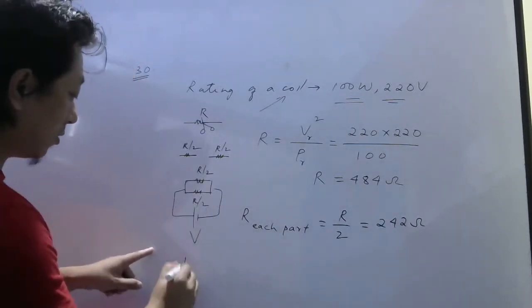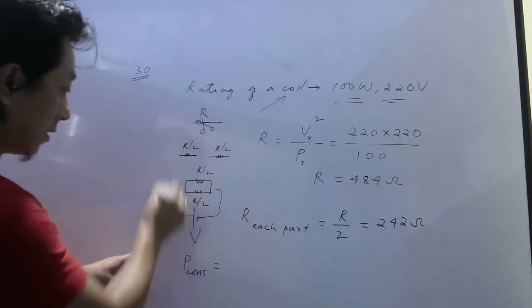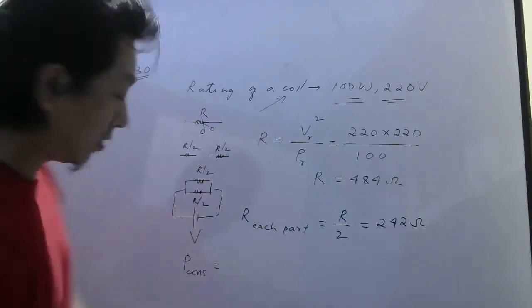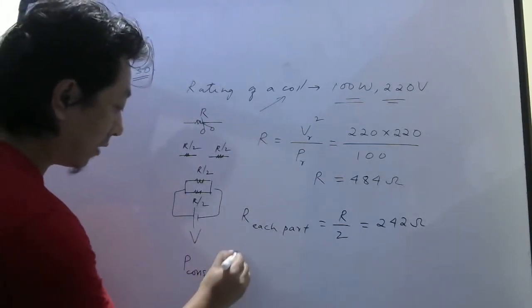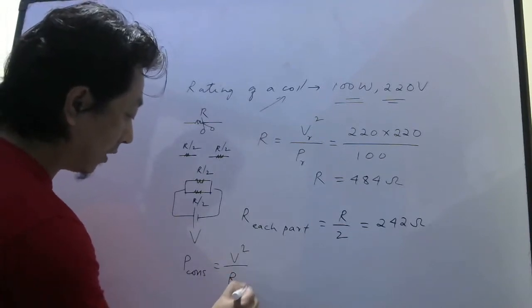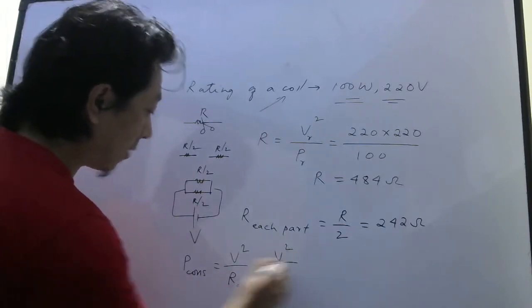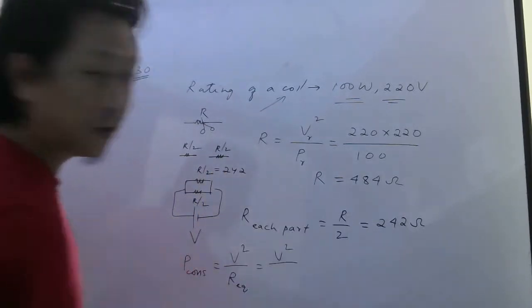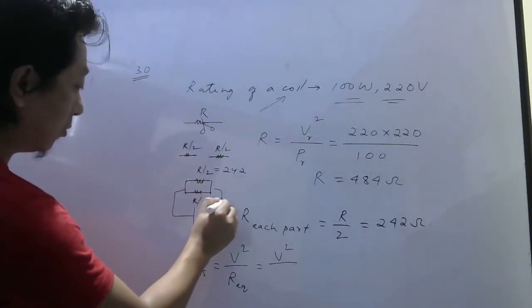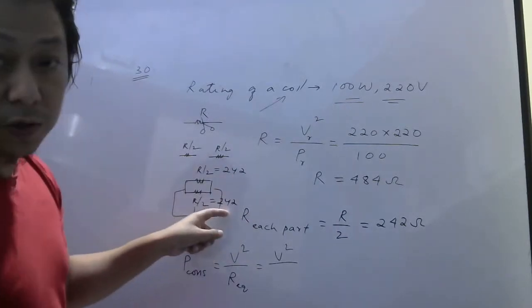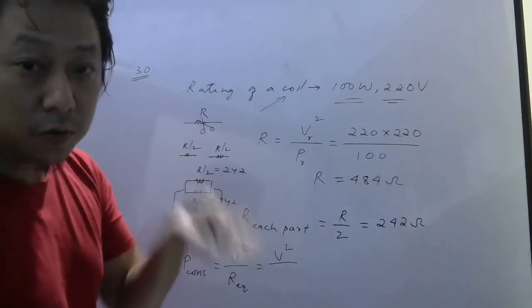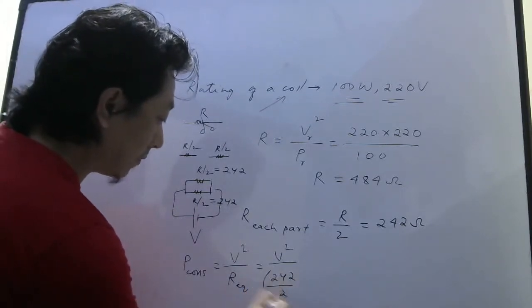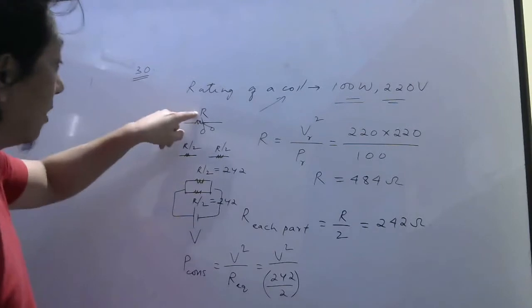The two parts, R by 2 in parallel, will give R by 4. Since I know the voltage, I will write voltage squared by R equivalent. Each part is 242 ohms, and two 242 ohm resistors in parallel give 242 by 2, so R equivalent is 242 by 2, which is actually R divided by 4 also.